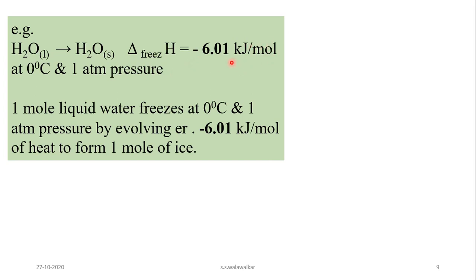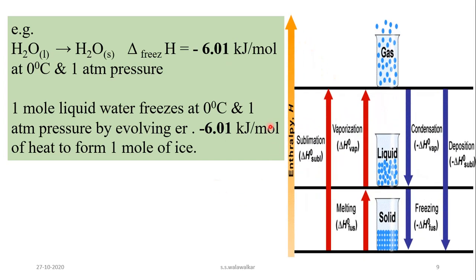So this is the enthalpy of freezing of water. Here this is the enthalpy of fusion, solid getting converted into liquid state. But when liquid gets converted into solid, that process is called freezing, and delta H, that is enthalpy change of freezing, is negative as it is a reverse process.